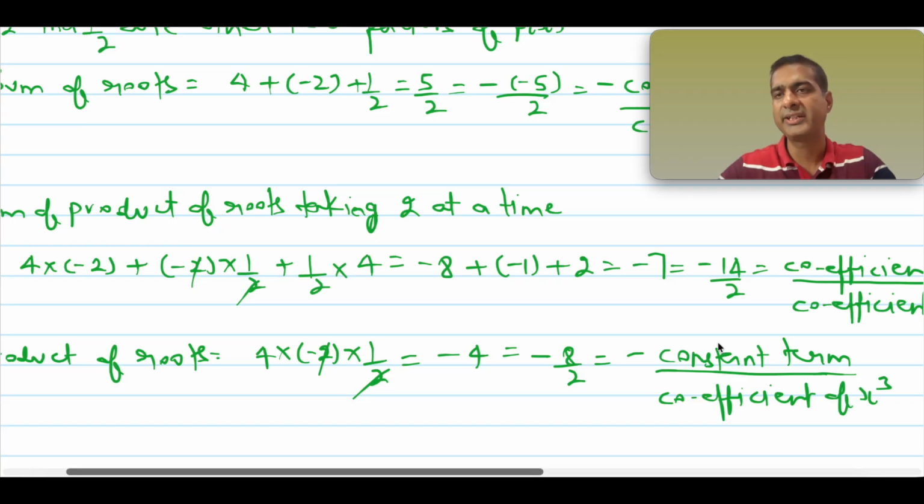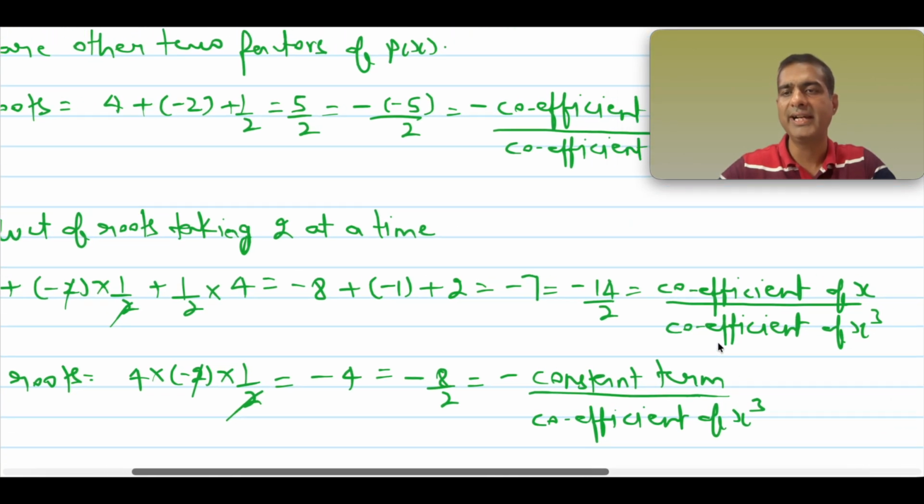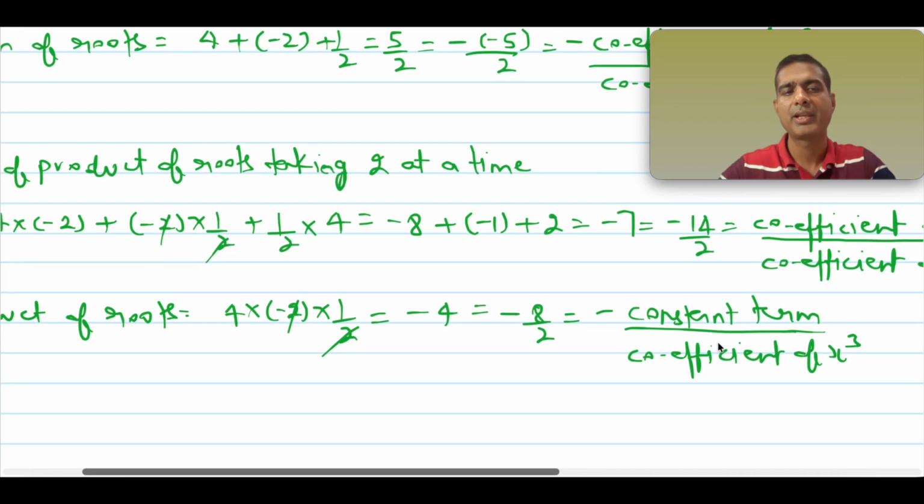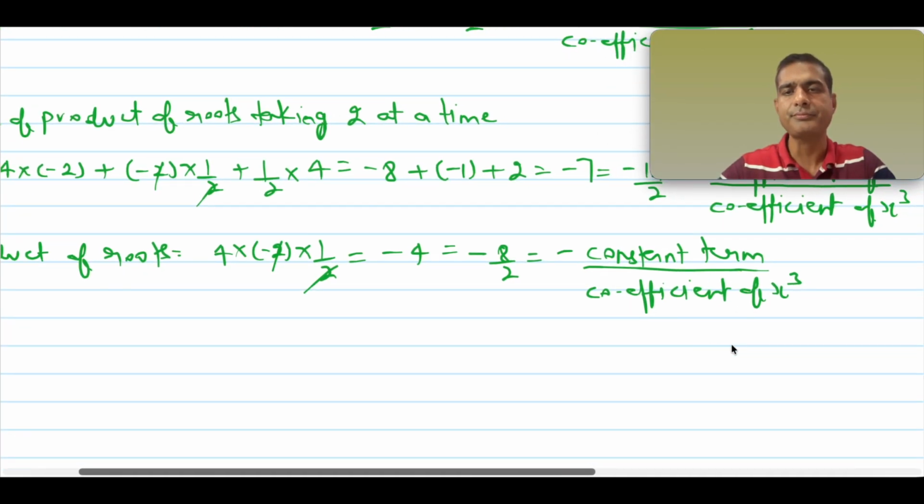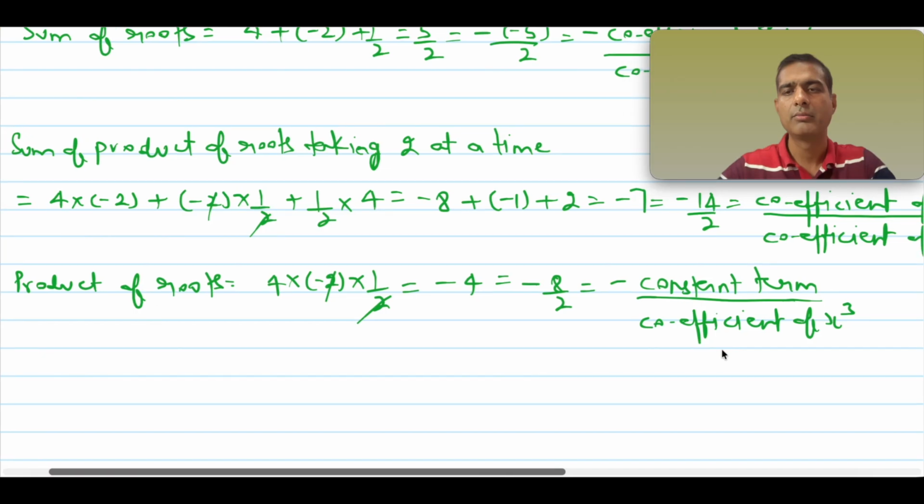Sum of product of roots taking 2 at a time will be given by coefficient of x divided by coefficient of x cube, and product of the roots will be given by negative times constant term divided by coefficient of x cube. So in this way, we can find out the relationship between the coefficients of a cubic polynomial and their roots. So similarly, as we wrote in the case of a quadratic equation, if I know the 3 roots, I can write the polynomial directly.